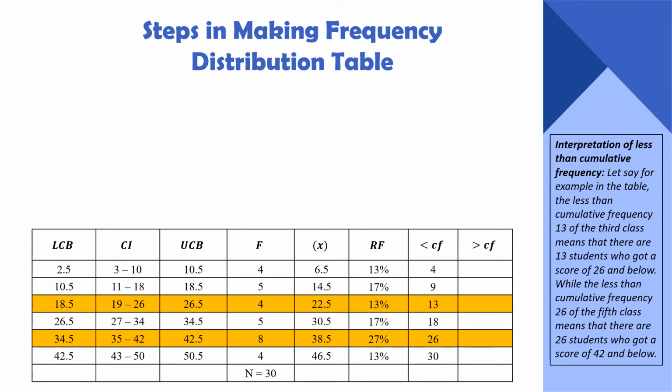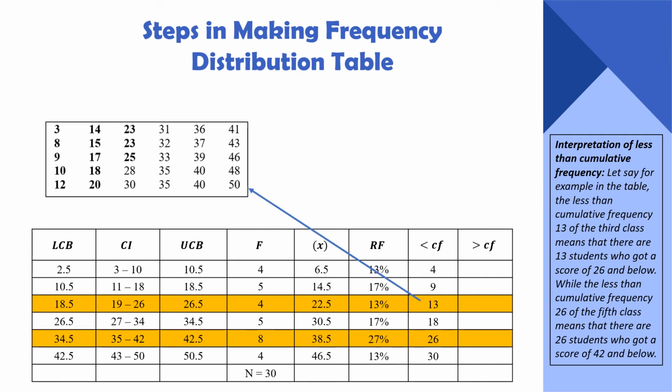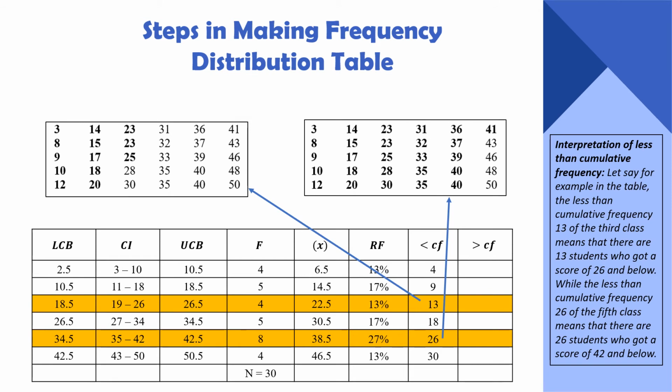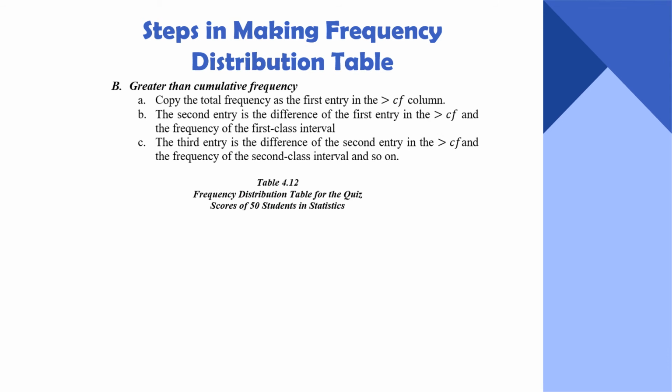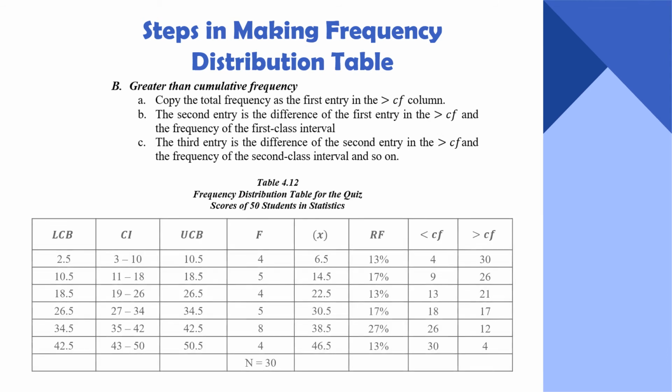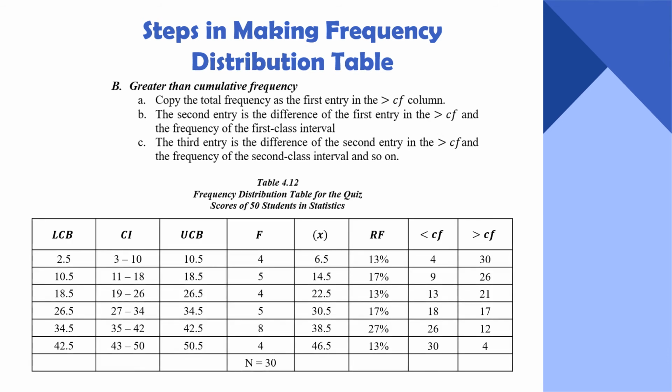So, if we will go back with our set of scores kanina, parehas din ang lalabas na we have 13 students who got 26 and below. And then we have 26 students who got 42 and below as their scores. So, to obtain the greater than cumulative frequency, okay, we have to copy the total frequency as the first entry in that greater than cumulative frequency.